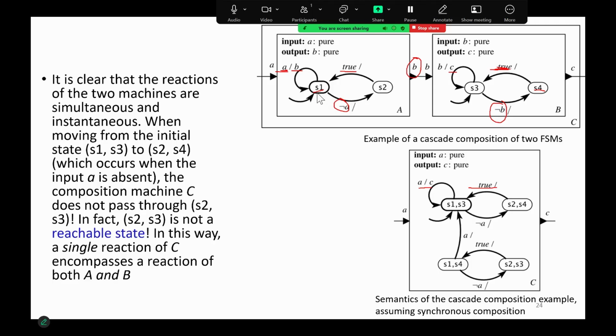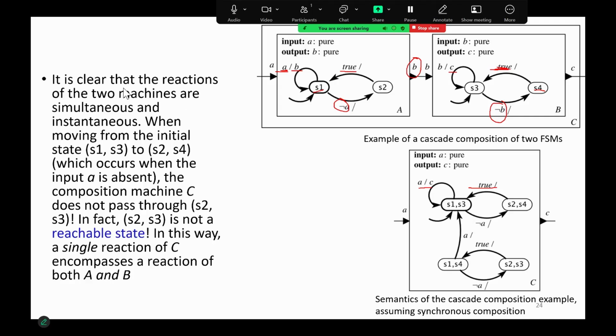So that's why 4 will become 3. So I went from S1, S4 to S2, S3, and upon true, the 2 will return to 1 and the 4 will return to 3. Is it clear?